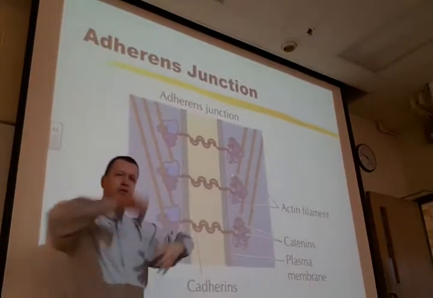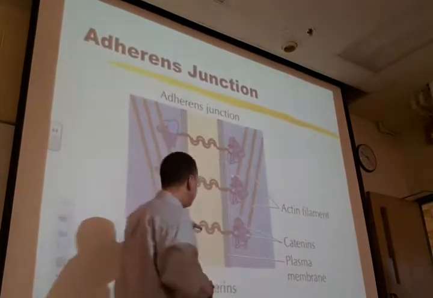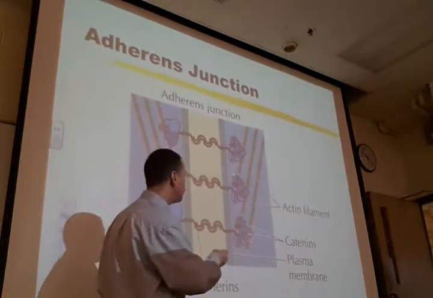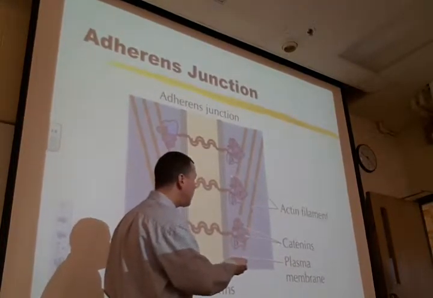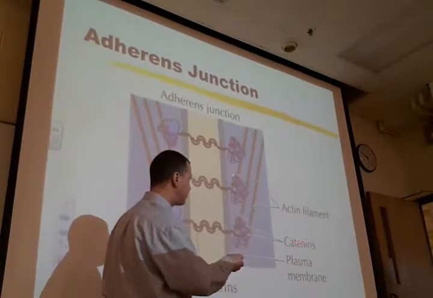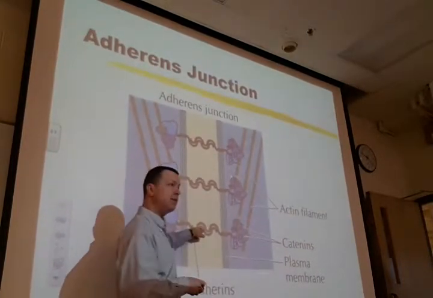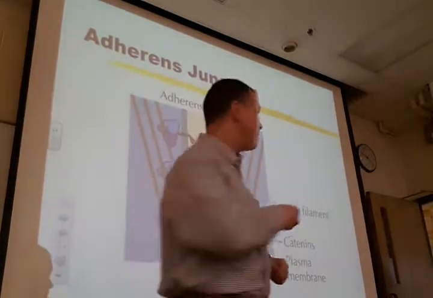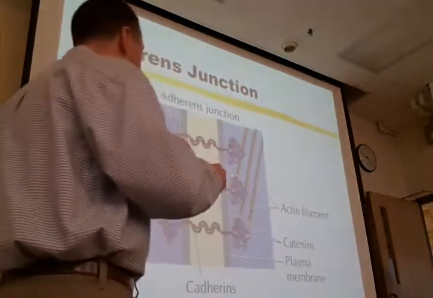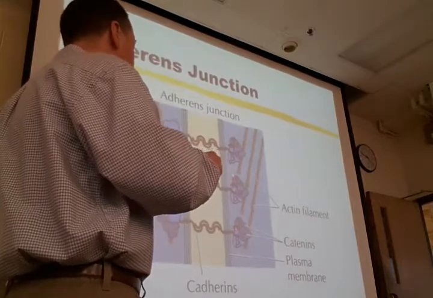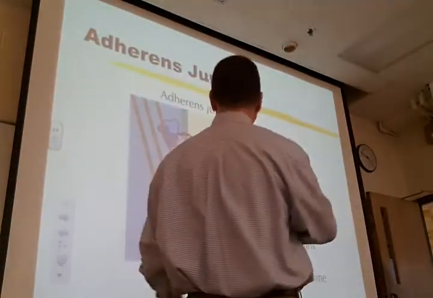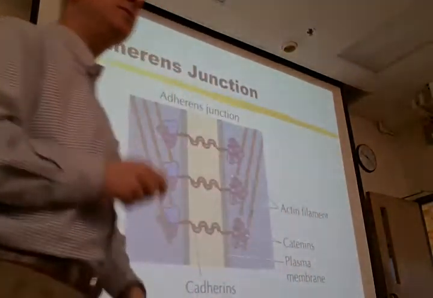Instead of that large plaque-like thing, we have smaller groupings of proteins, I should say, that are called catenins. And then we still have cadherins as the hooks. So the cadherins are the same, but instead of that large plaque, we have catenins, and we swap out intermediate filaments for actin filaments. So these are called adherens junctions instead of desmosomes.